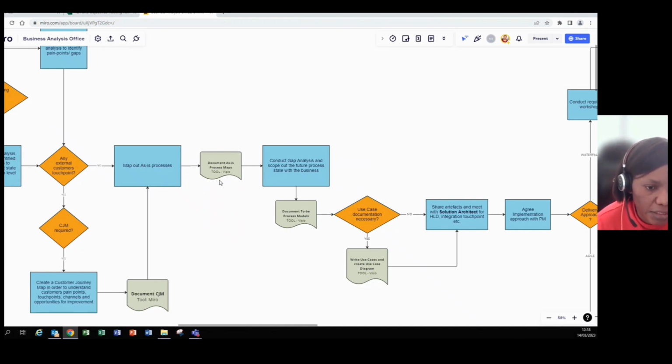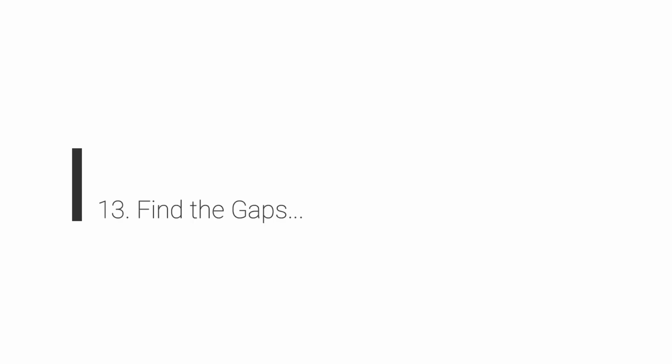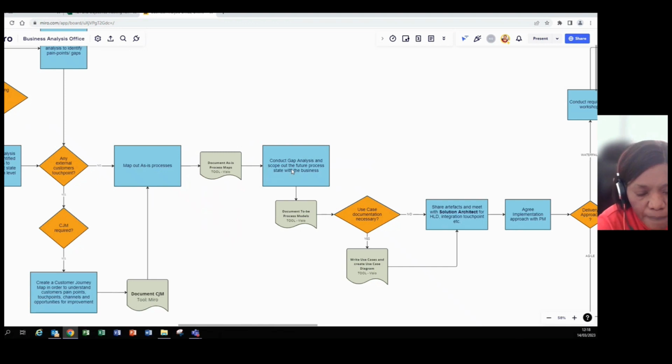So when you've done that, you've documented, again, we use a tool called Visio to do this. Then conduct your own gap analysis. You could sit with this SME as well on your project, one of the stakeholders, if they are available, to then begin to look at the information you've captured from the customers, the information you've captured from the process owners, the people actually doing that job, and then conduct your gap analysis.